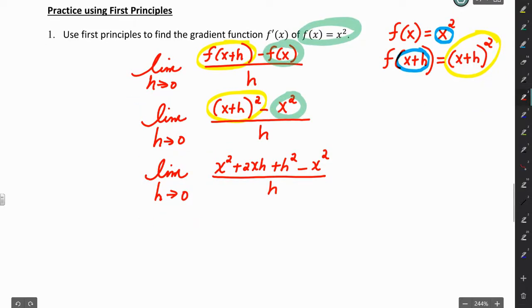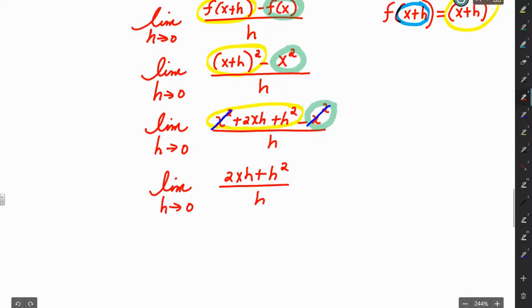Now, I've expanded my x plus h squared, that's this guy here, and I have tacked on my minus x squared at the end. So I'm going to be able to cancel the x squared parts of the numerator. And now let me rewrite with those canceled.